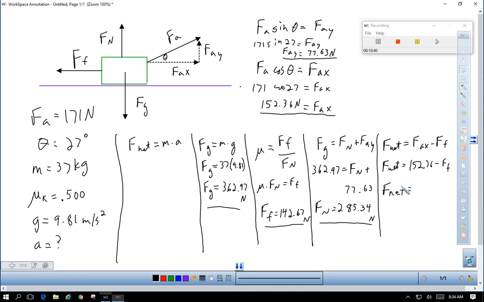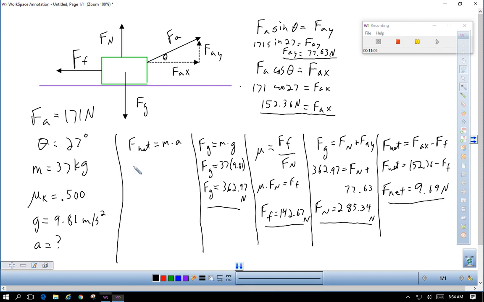It's going to be quite small, in fact. So 152.36 minus 142.67, and we come up with 9.69. So Fnet equals 9.69 newtons.